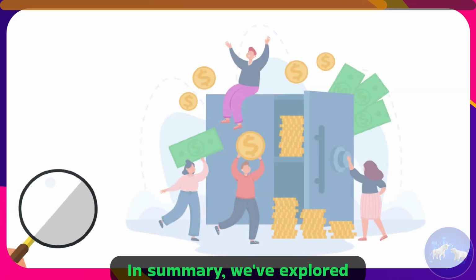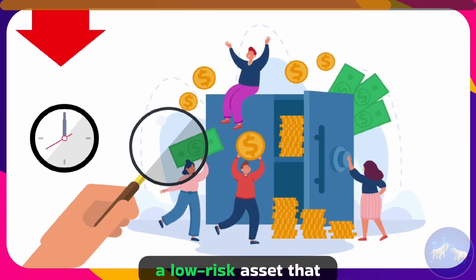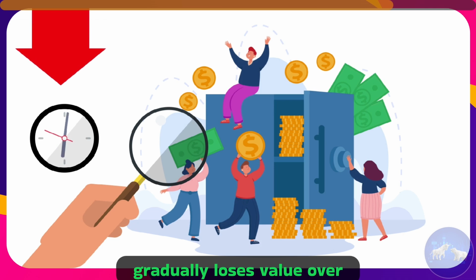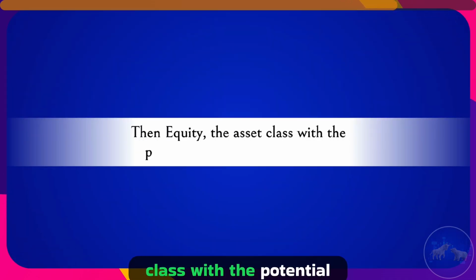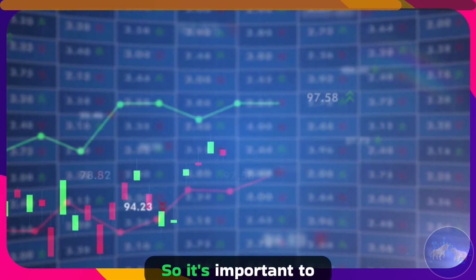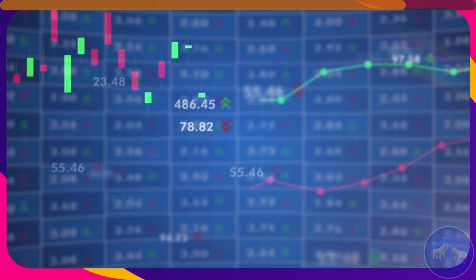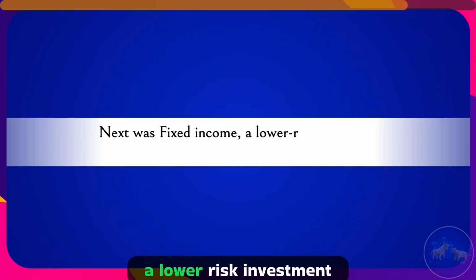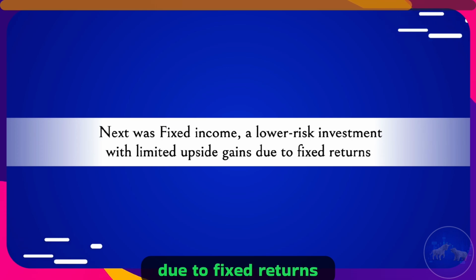In summary, we've explored different asset classes, starting with cash, which is a low-risk asset that gradually loses value over time due to inflation. Then equity, the asset class with the potential for the highest returns, but also with volatility and risk, so it's important to have a long time horizon when investing. Next was fixed income, a lower-risk investment with limited upside gains due to fixed returns.